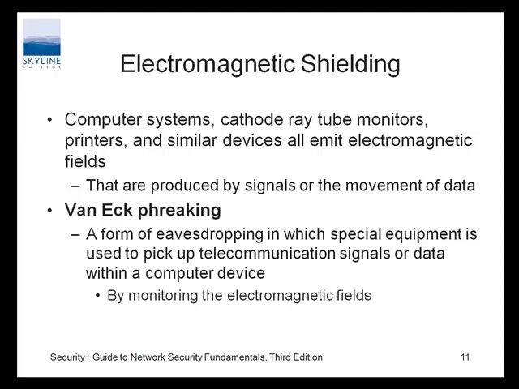Van Eck phreaking is a form of eavesdropping in which special equipment is used to pick up telecommunication signals or data within a computer by monitoring the electromagnetic fields. The old CRTs actually sent a signal that could be received, so that you could watch the desktop of somebody at a distance.